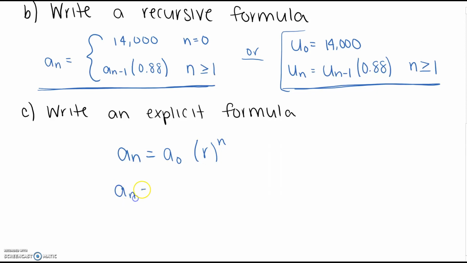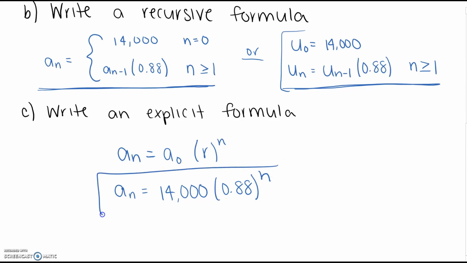So a sub n will equal 14,000 times 0.88 to the nth power. And that represents the explicit formula for this situation.